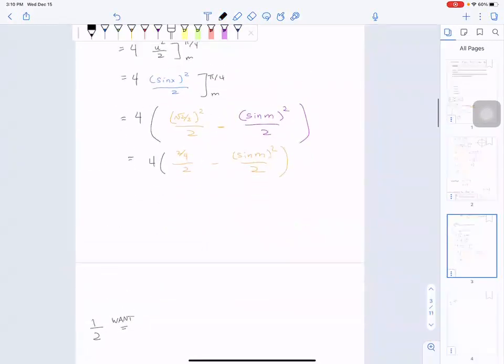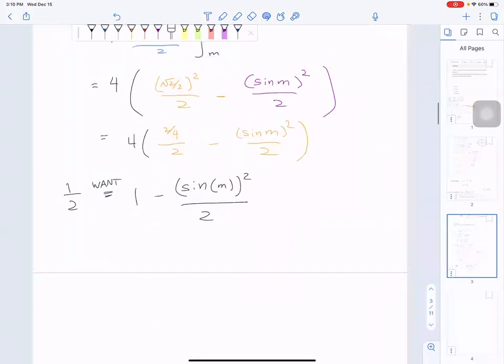And that is 1 minus sine of m squared over 2. So this is what we want. We want that to equal 1/2 in order to find m, our median. So now we solve for m.